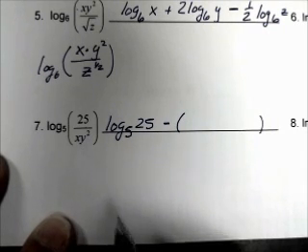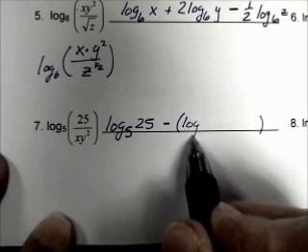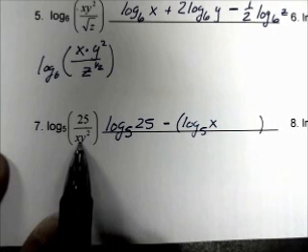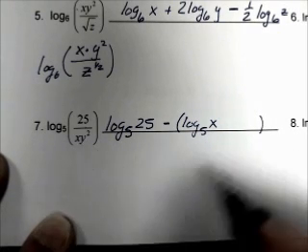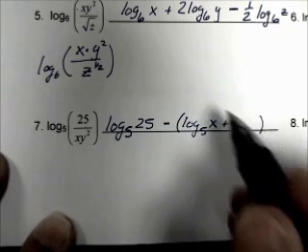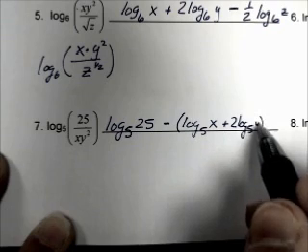Minus log base 5 of x. This is multiplication, x times y squared, so plus, and that power of 2 comes out as a multiplier, plus 2 times log base 5 of y.